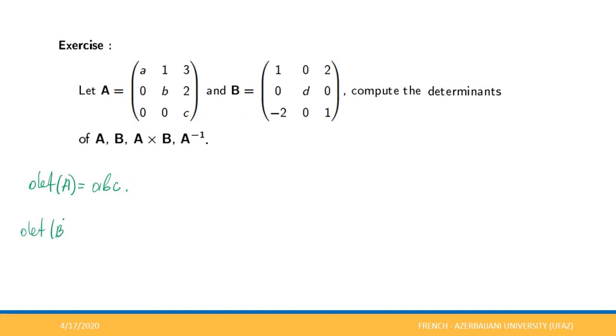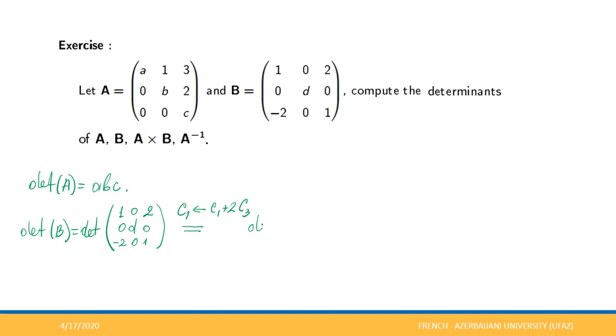Determinant of B is determinant of 1, 0, 2, 0, D, 0, minus 2, 0, 1. Here I will use this elementary operation over the columns. Instead of first column, first column plus 2 times third column.